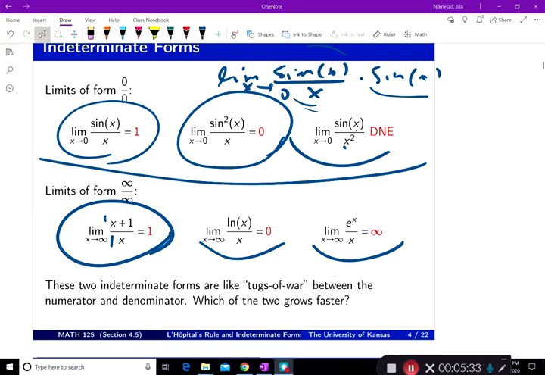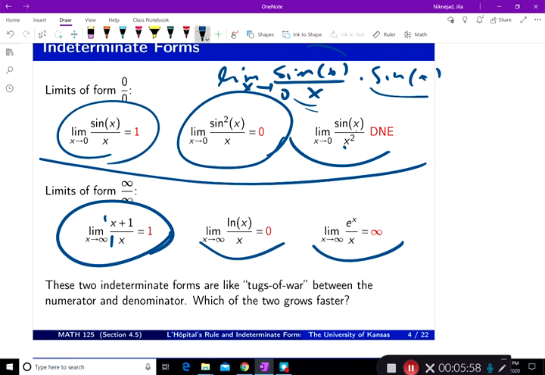Something else to notice is that between the 0 over 0 and infinity over infinity forms, you don't know whether the numerator or the denominator is stronger. We call it a tug of war between them, and so we don't know which one's growing faster or which one's growing slower.